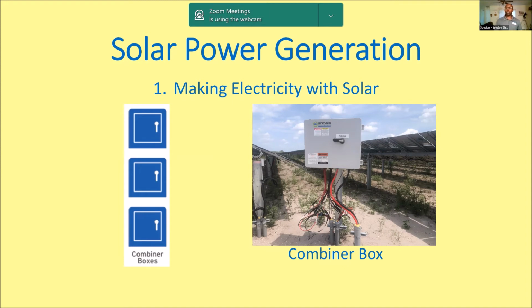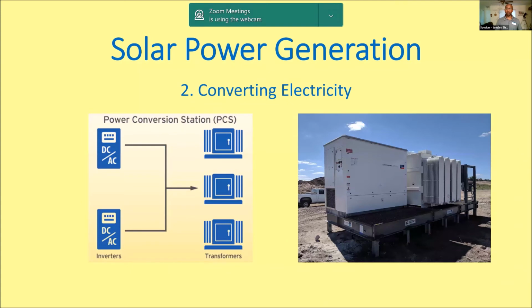A combiner box allows you to isolate your solar panels from your electrical grid. The reason you want to do that is because while the sun is shining, there is always electricity being produced by your solar panels. From your combiner box, your electricity goes over to your power conversion station.